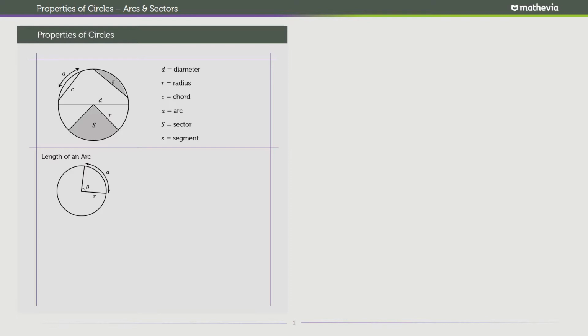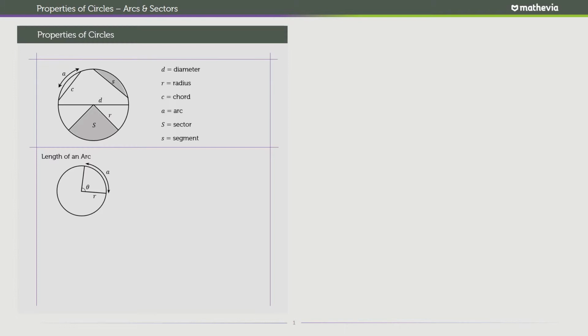The bigger the arc is, the bigger this angle. This angle could be anything from 0 to 360 degrees, because 360 degrees represents the full circumference.